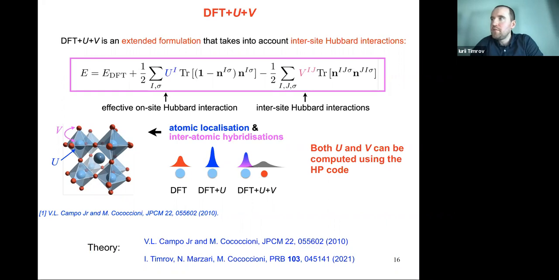So DFT plus U is worse than hybrid. Sometimes they compare quite well, but sometimes hybrids are superior to DFT plus U. And if you use this extended formulation, DFT plus U plus V, it gives much closer results to hybrid functionals.